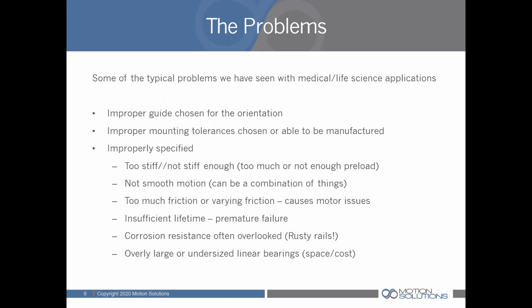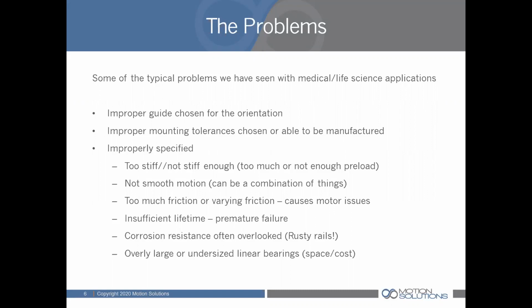Some of the problems that we've seen in medical applications that we'll be trying to address here. Improper guide chosen for the orientation. We recently saw a robotic surgery application whereby the customer was using a two-row square rail linear guide, and the guide was wall mounted, so the resulting load on the bearing was a lateral load.